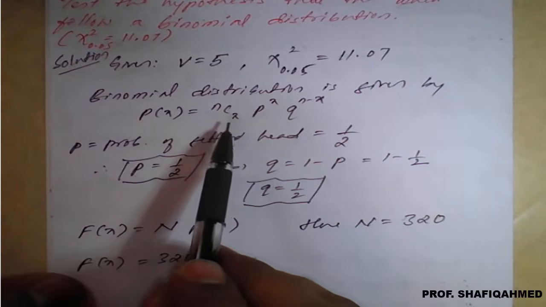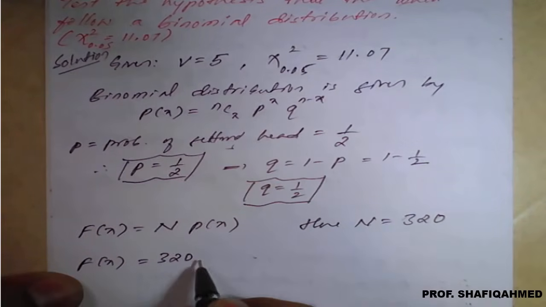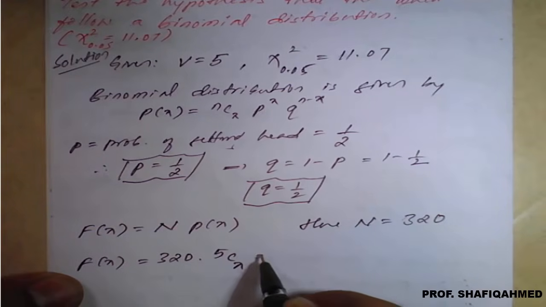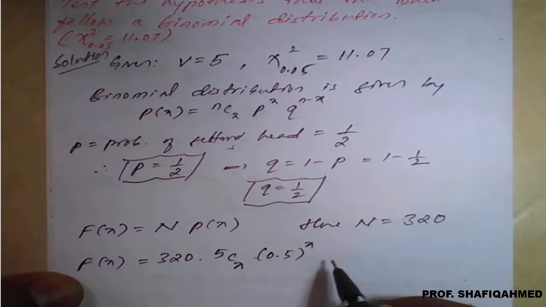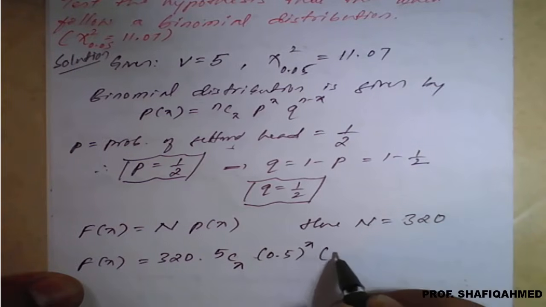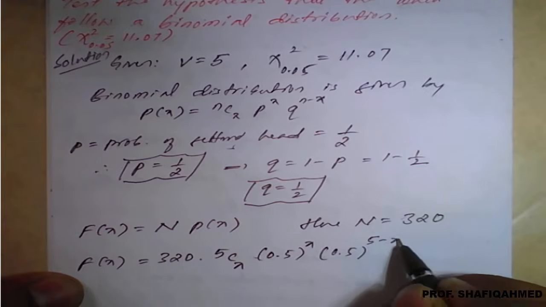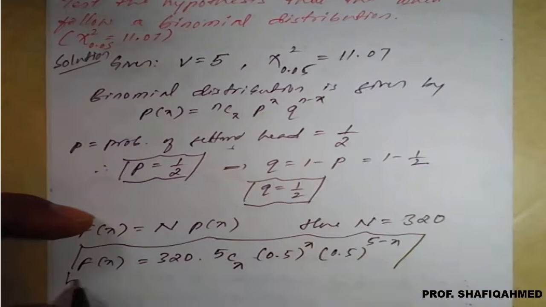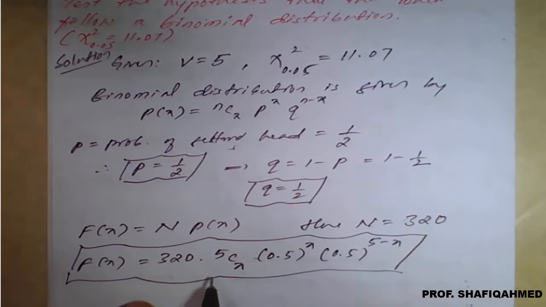So what is the p of x formula? Here n is degree of freedom, which we have taken as phi, so we write phi Cx. Then p value is 1 by 2, I will write 0.5 raised to x. Then q is also 0.5 raised to n minus x, that is phi minus x. So this is the formula for theoretical frequency.